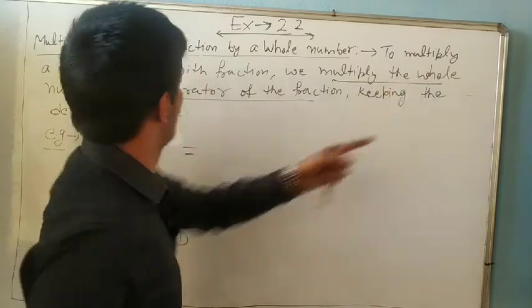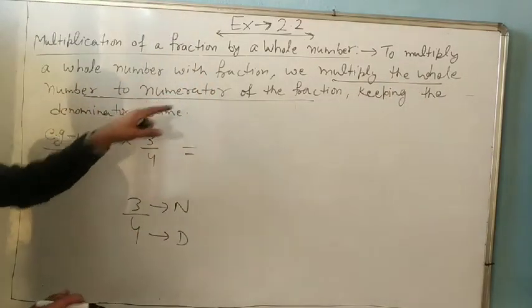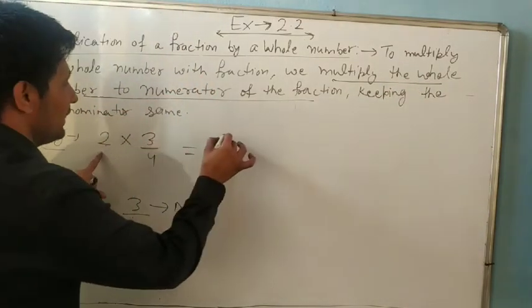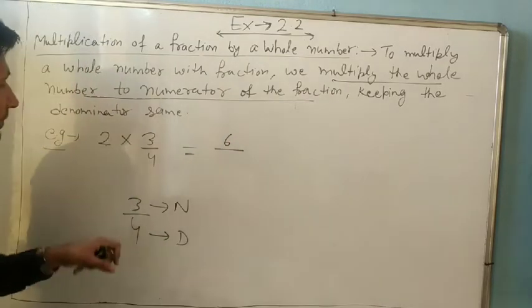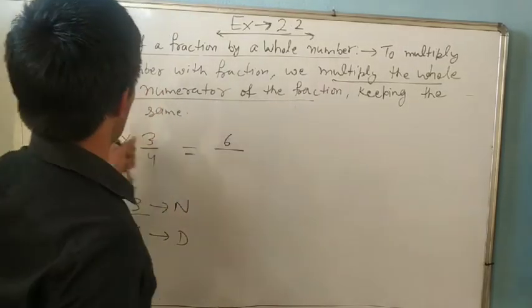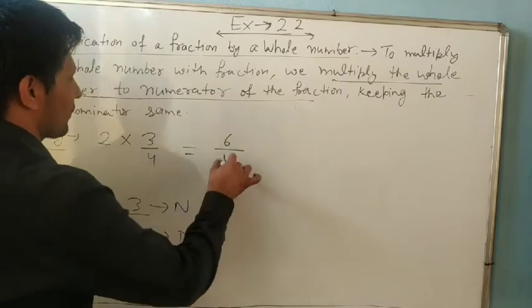Multiply the whole number 2 to the numerator: 2 multiply 3, 6. Keeping the denominator the same, the denominator is 4 as it is.